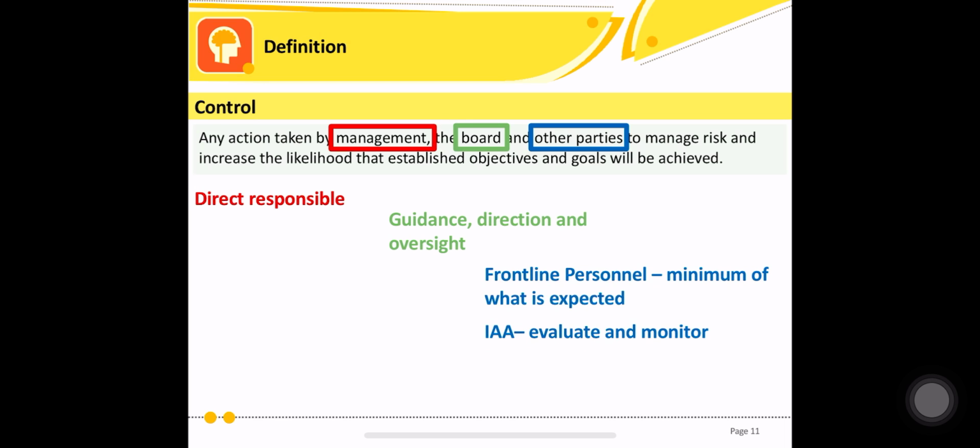And then us, internal audit activity, internal auditor, our main role again is to evaluate, and then we can also monitor for some limitations, but it can be done also by the management as well. Most likely, these are the second line of defense who are implementing and monitoring these controls.